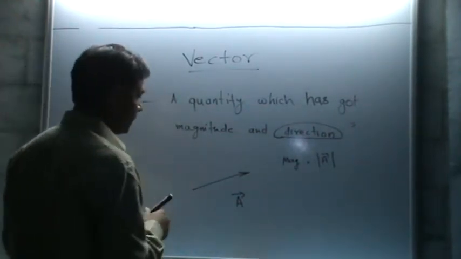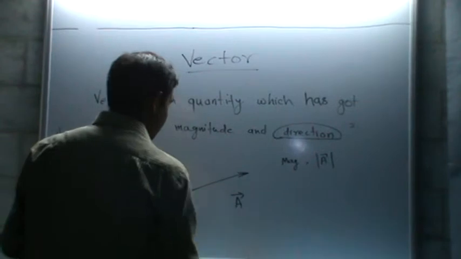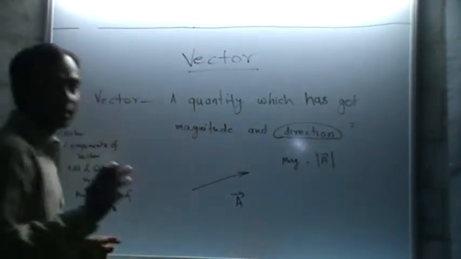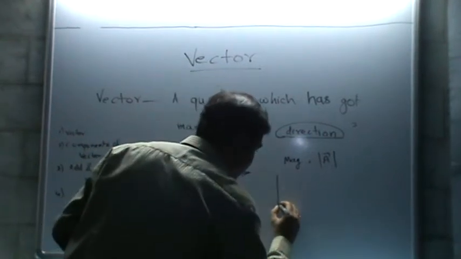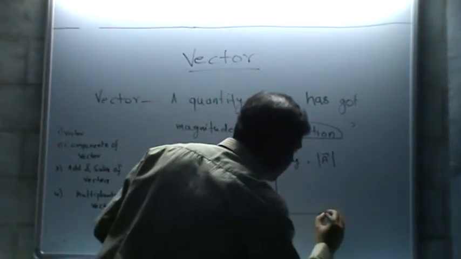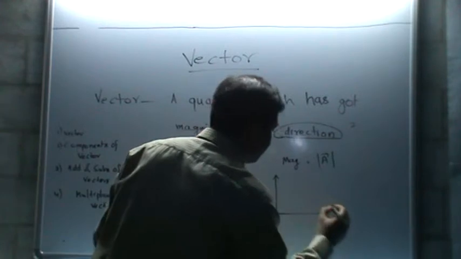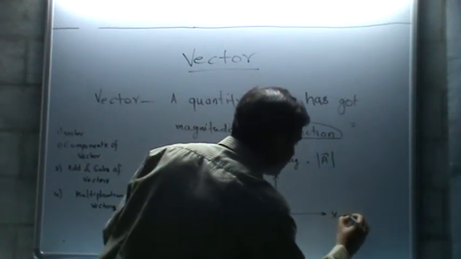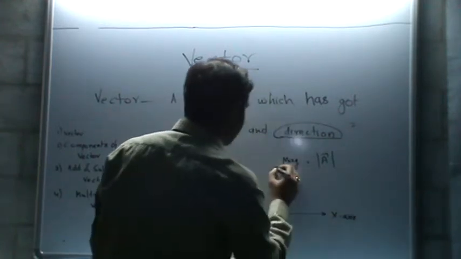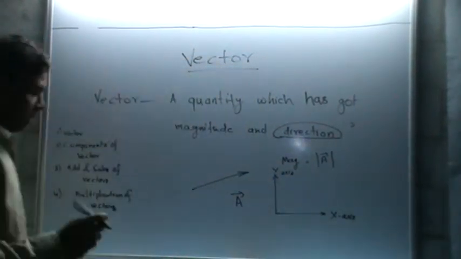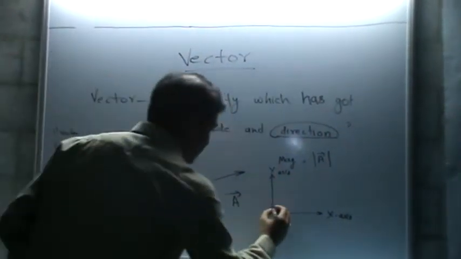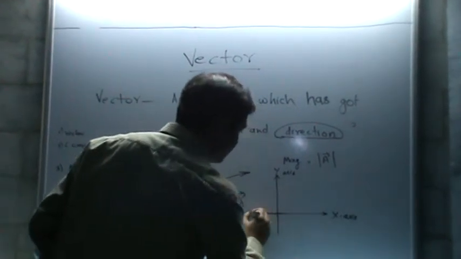Another point here is we will learn about the x-axis and y-axis. Just a brief idea about what the x-axis and y-axis are. It's a two-dimensional figure. Here we call it the x-axis and here the y-axis.